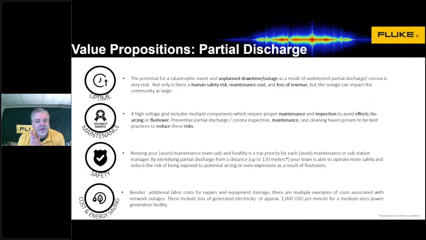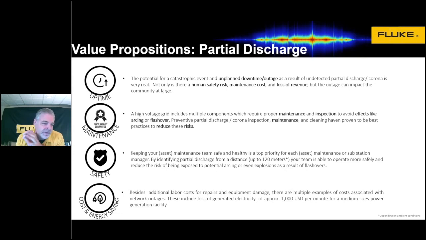From a money point of view, obviously, if you are at all aware of PD, you can understand how expensive it is. It typically happens where there's high energy, and high energy is usually where it comes into a plant or a substation, or if you're a utility, a transmission line.